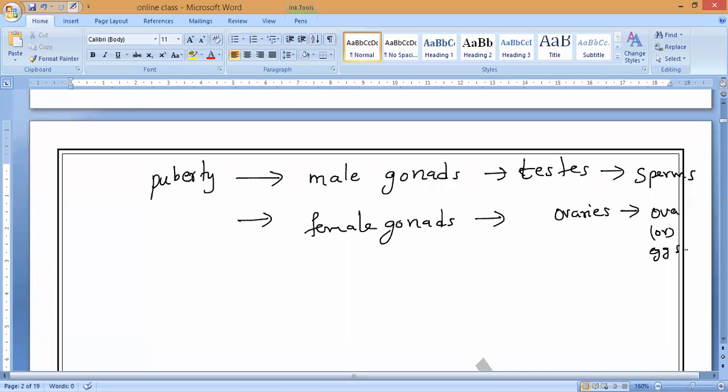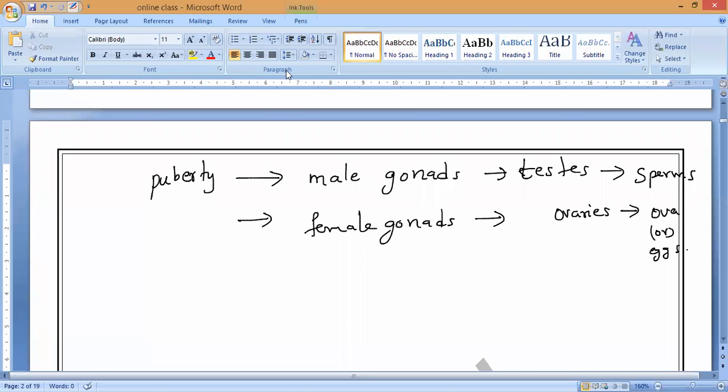Now, along with producing the sex cells, or gametes, the male and female gonads will also secrete sex hormones with the onset of the puberty period.